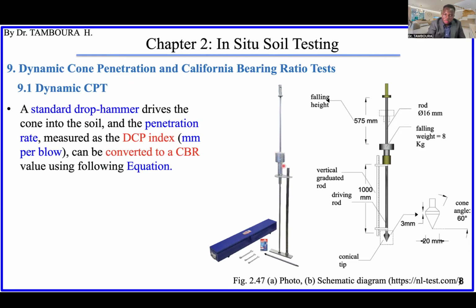This is this hammer. Oh, yeah, this schematic view is driving the cone into the ground. Okay, you lift it by hand up to this level, and you drop it in free fall, and it will make the cone penetrate into the ground.